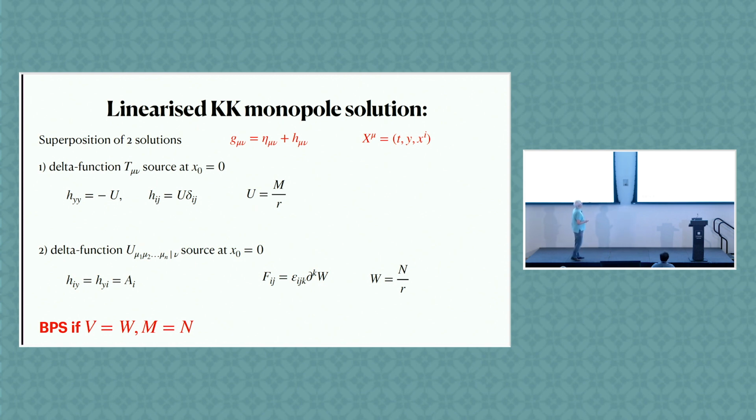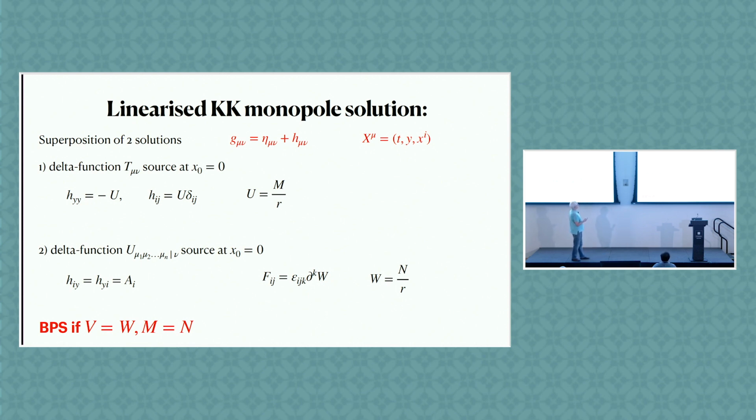And so now we can look at the linearized Kaluza-Klein monopole solution, where if we think in terms of the linearized metric, I'm suppressing all but 5 of the dimensions.